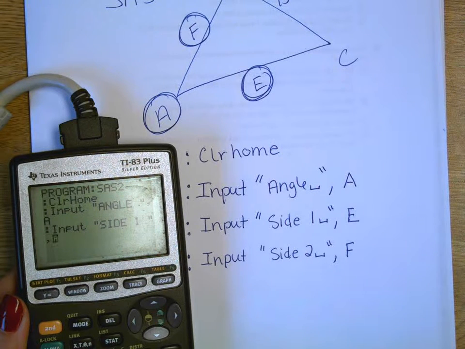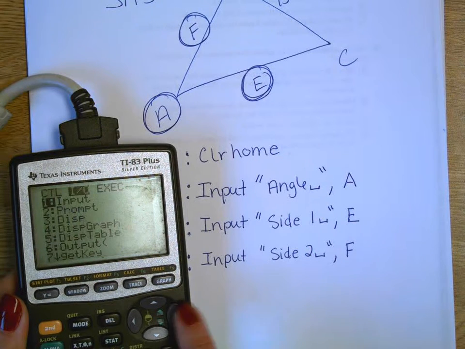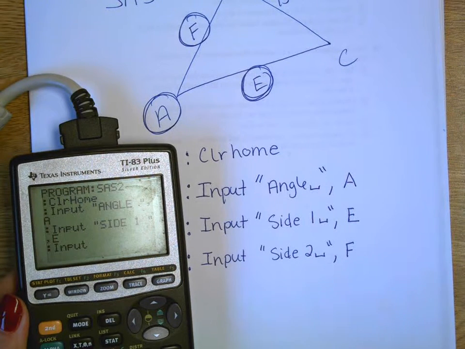What do we press for the space? The 0 key. Mrs. Schwartz, in case I accidentally skip the angle line, can I just put that underneath? Yep, it doesn't matter what order these come in.